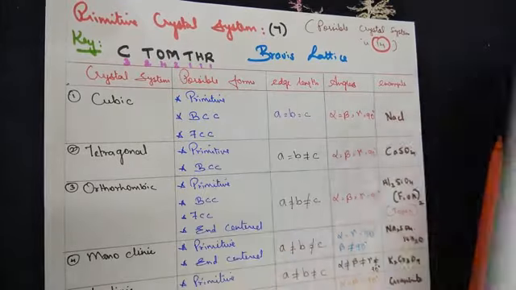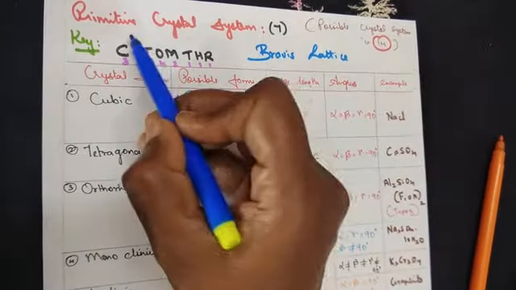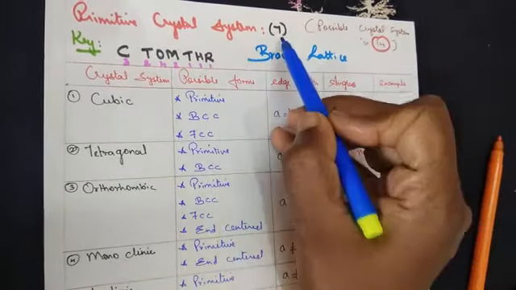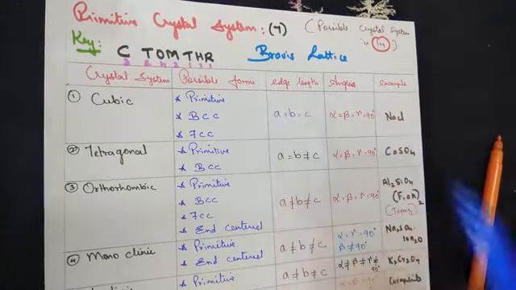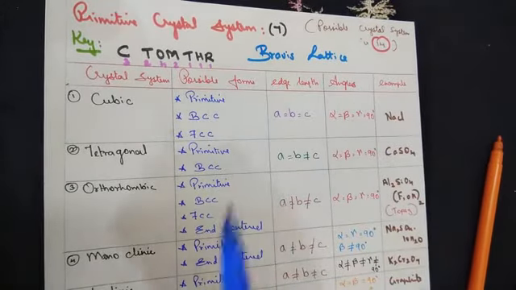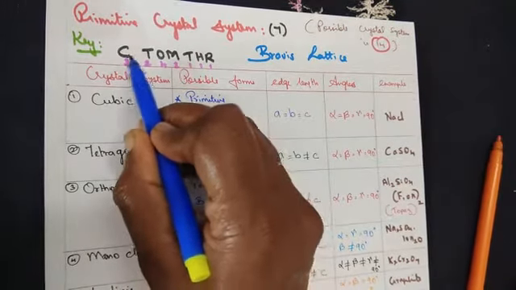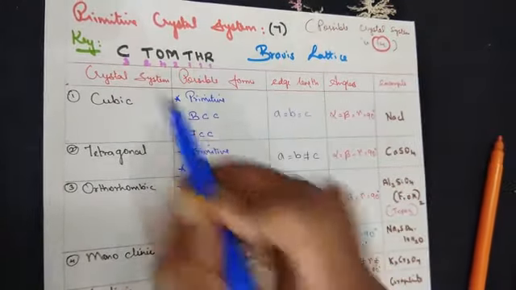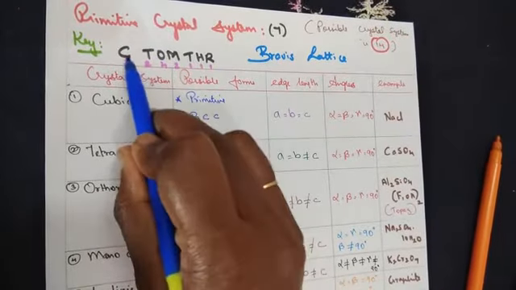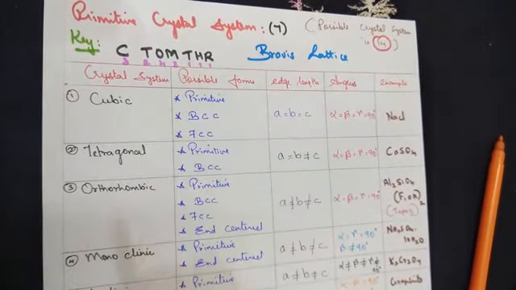Let's move on to our point of interest today, that is types of primitive cells. As I told you, there are 7 types, given by the scientist called Bravais. The key word to remember the 7 types: remember the phrase C Tom THR. It's a funny trick, C Tom there.